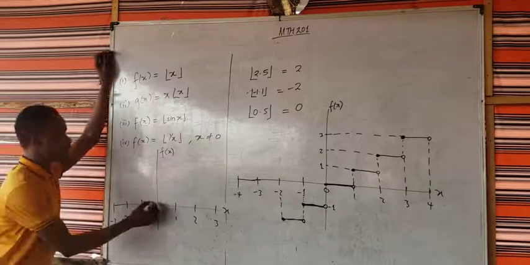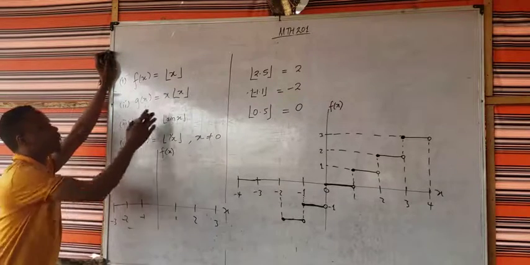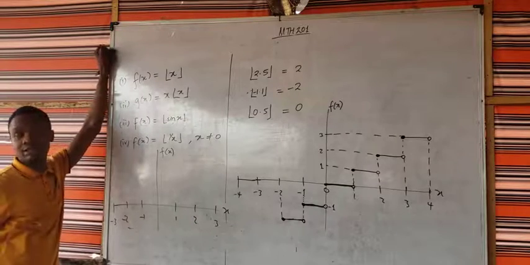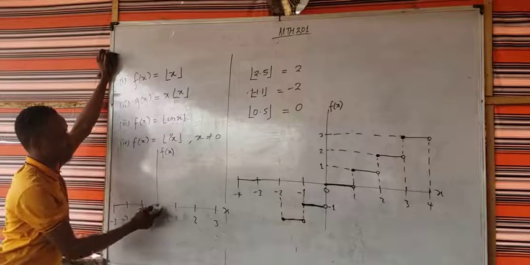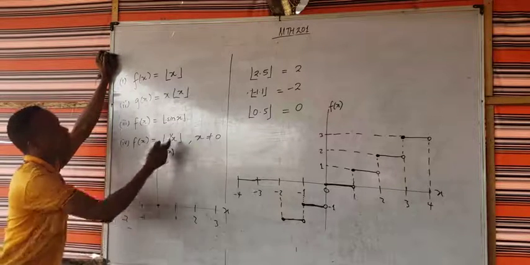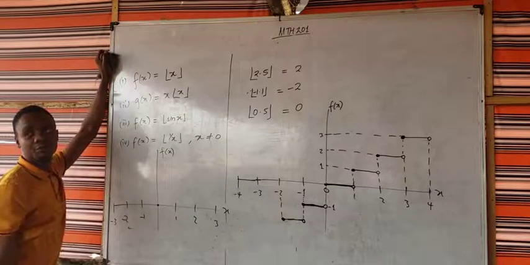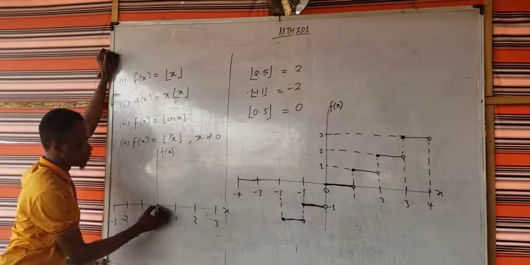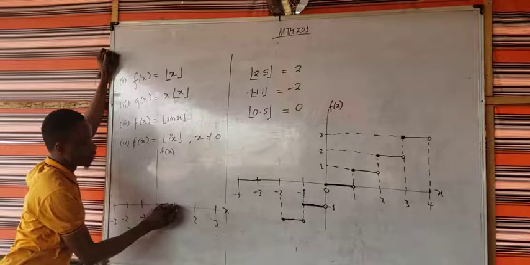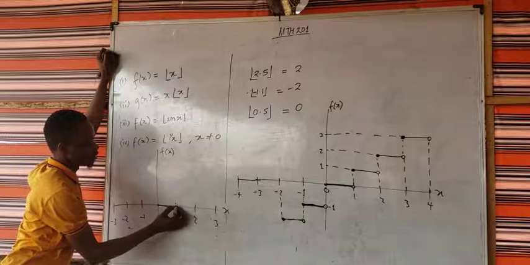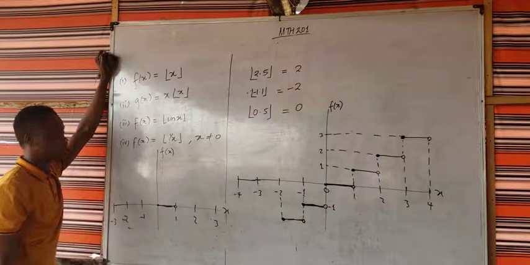So if x equals 0, what is going to happen to this? That's 0, right? Yes. So you have 0 here. So if you are going between this and this, what are you going to get? This here is always going to be 0, okay? Yes. So this also will remain 0, up to this point. Is that clear? It remains 0 up to this point. Does it make sense?